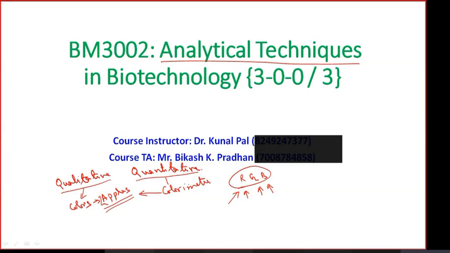While we talk about these analytical techniques, some of them can be used both qualitatively and quantitatively. It depends on how you are using the method.